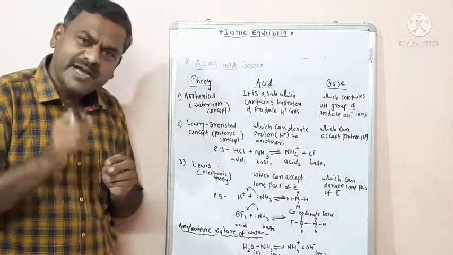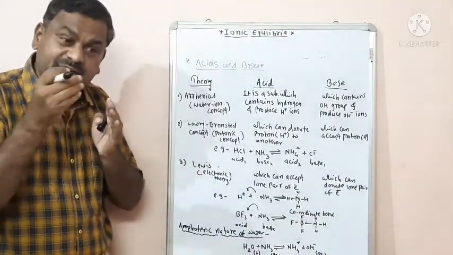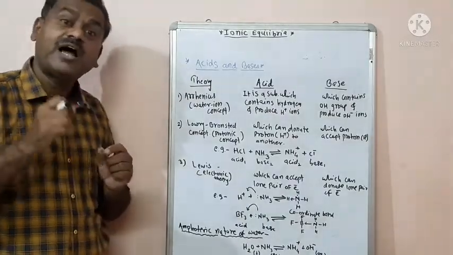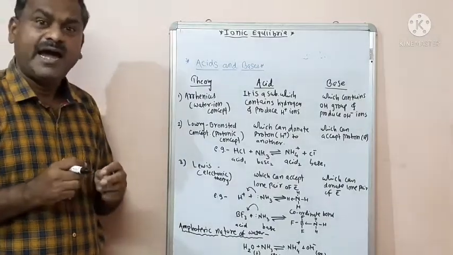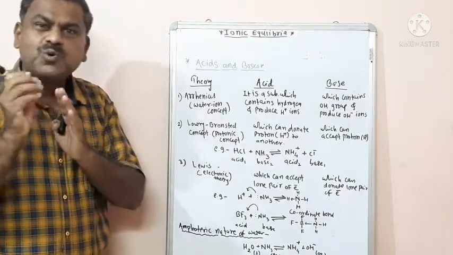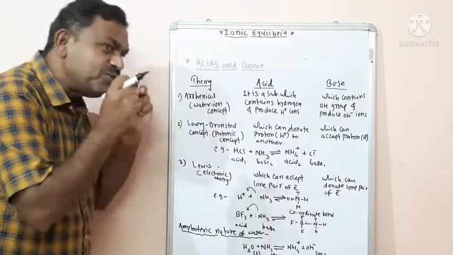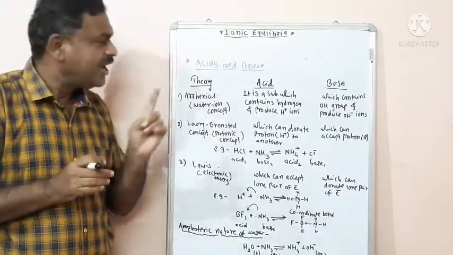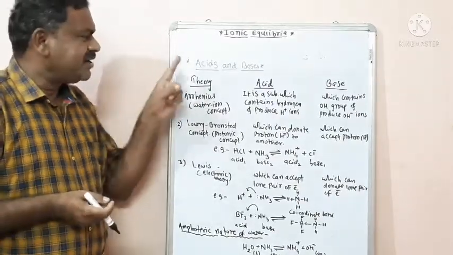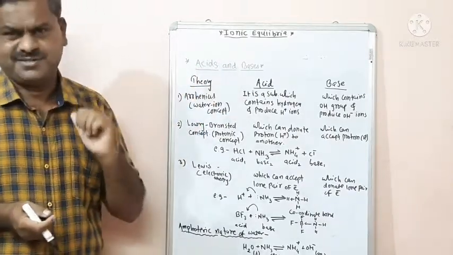An acid reacts with metal to give out hydrogen. A base is soapy to touch. A base neutralizes an acid, and an acid neutralizes a base. Acid has a sour taste, base a bitter taste.